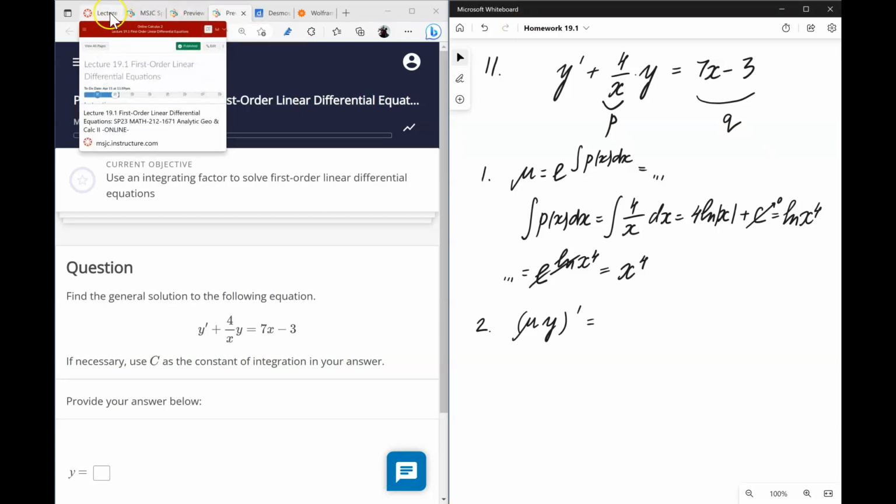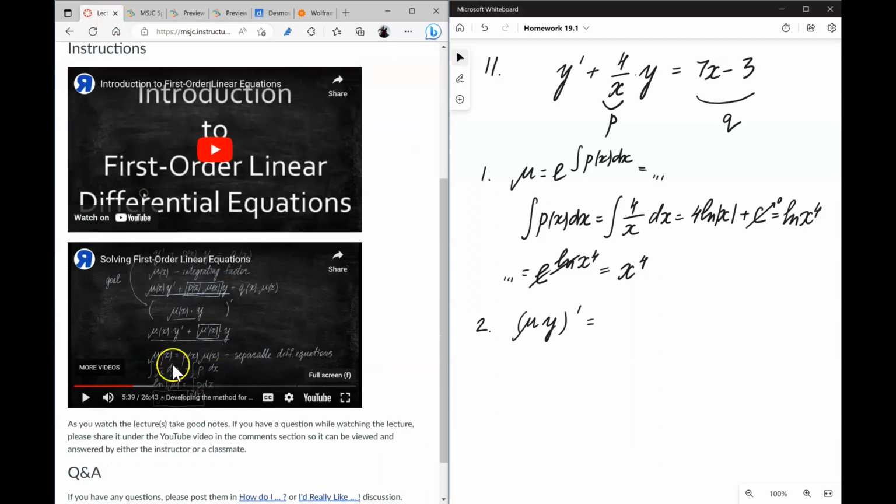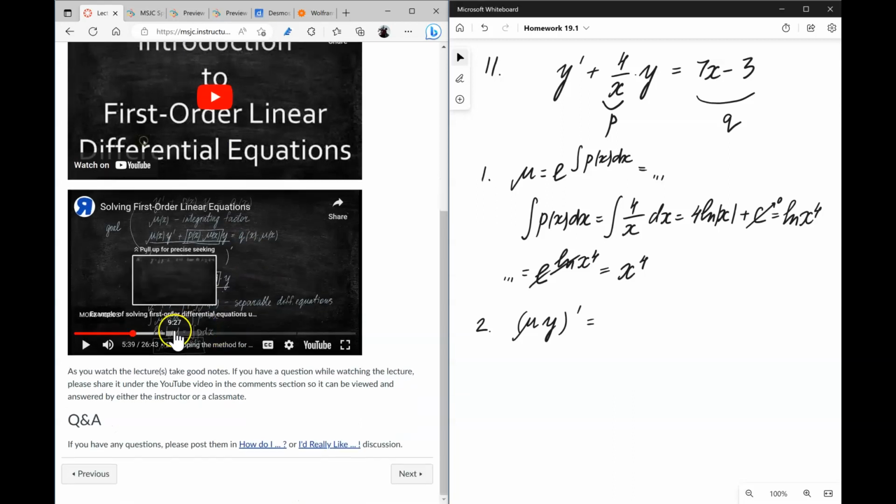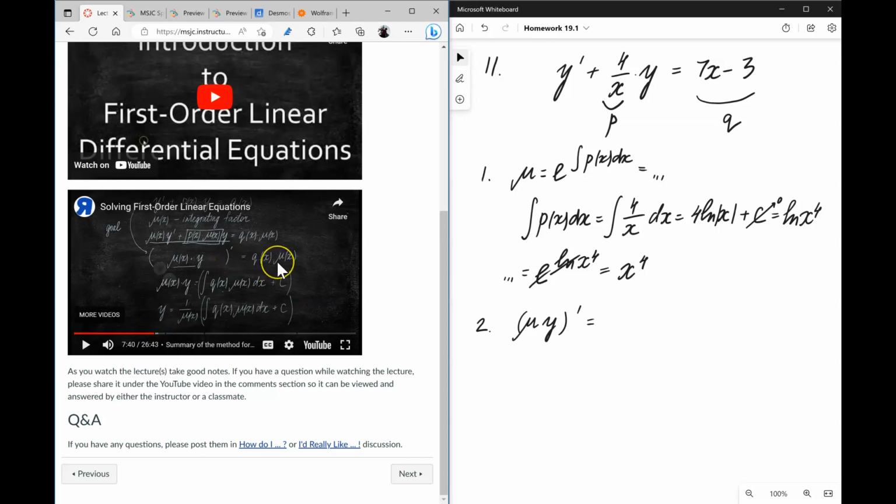Let's see, how did we talk about this? Right, so the right hand side gets multiplied by mu of x, right? So that's the step we're skipping. So on the right side we're going to have q times mu.